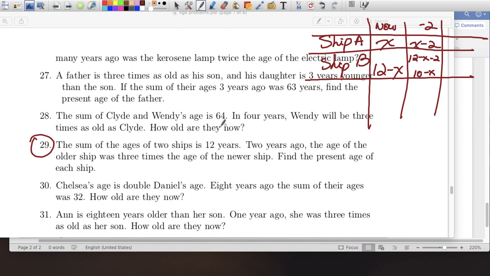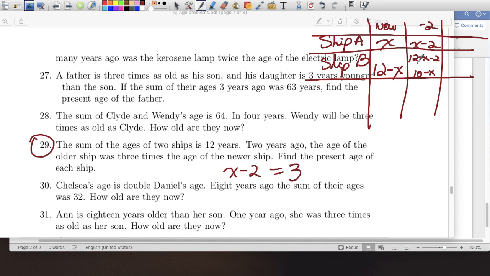So 2 years ago, the age of the older ship. Okay, so I actually don't know who the older ship is, so you can make whichever one the older ship. So let's make that the older ship. The age of the older ship, X minus 2, was 3 times the age of the newer ship.